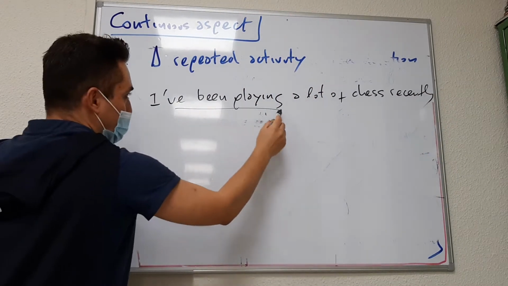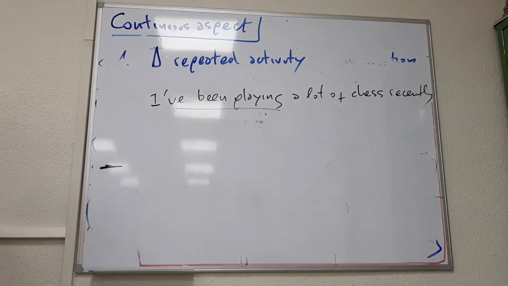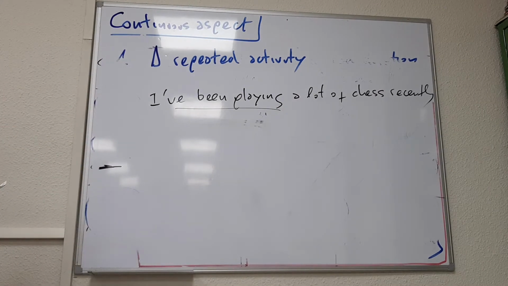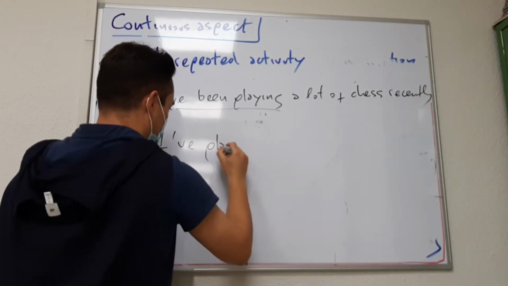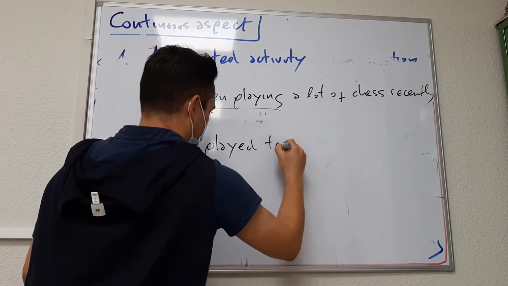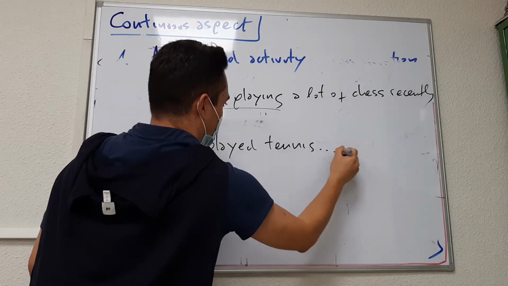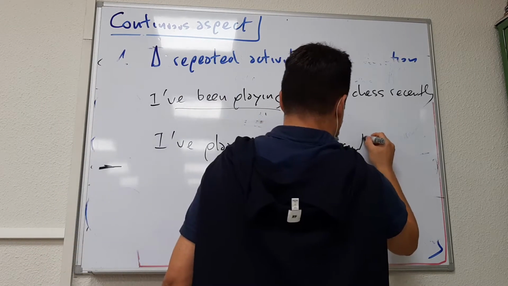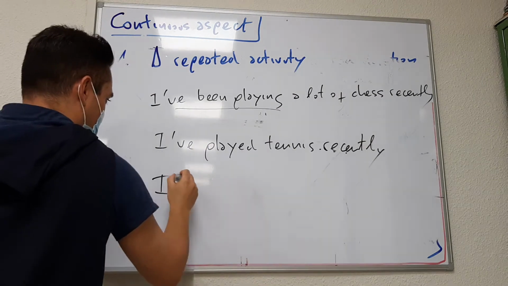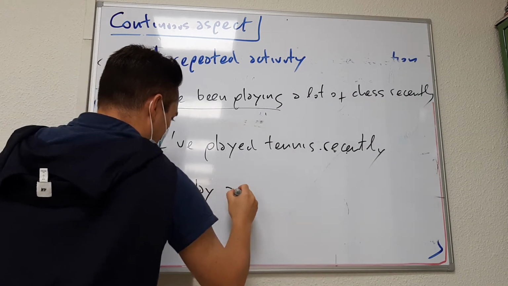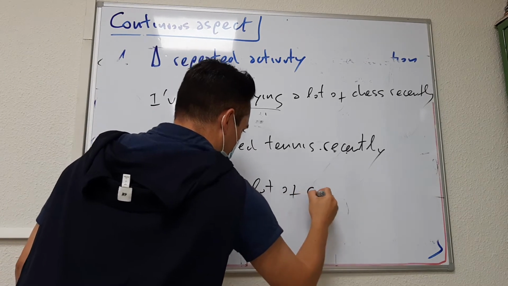Here, I've been playing. This is the continuous aspect. However, if I say, I've played tennis recently, or if I say, I play a lot of tennis, or I play a lot of chess.